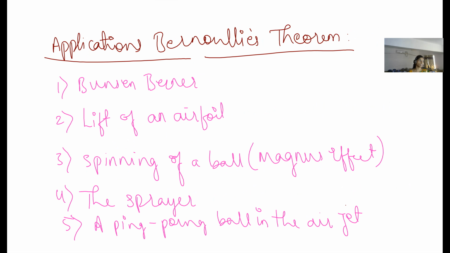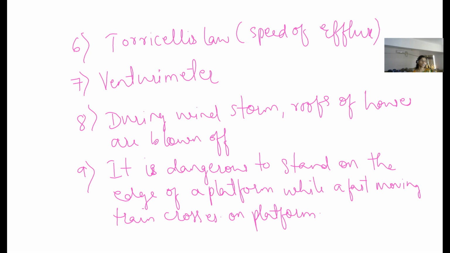This theorem is used in a sprayer, and the ping pong ball in the air jet also works on the principle of Bernoulli's theorem. Torricelli's law, also called speed of efflux, uses Bernoulli's principle, and the venturimeter also works on the principle of Bernoulli's theorem only.